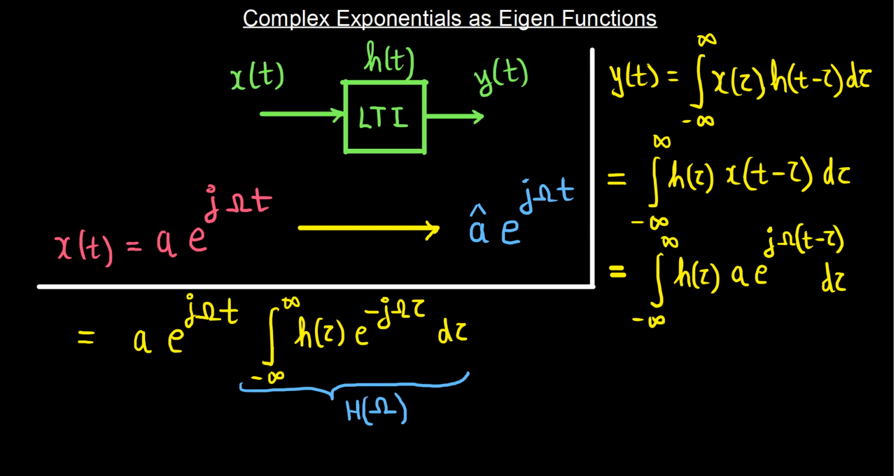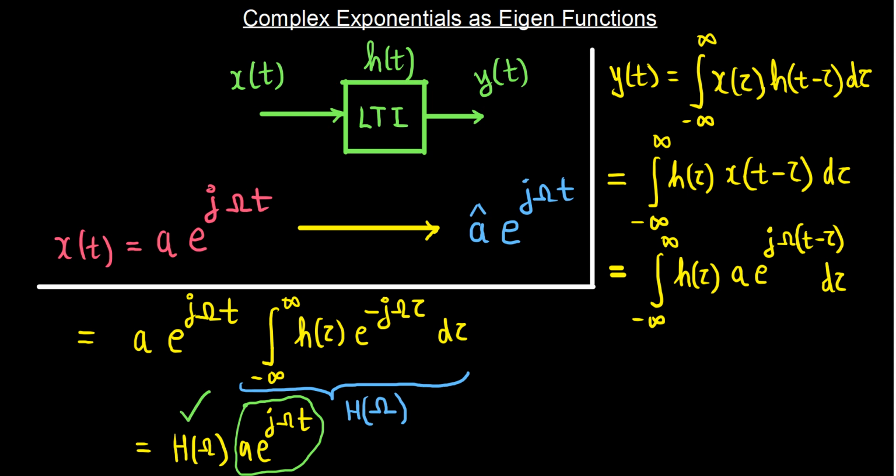So we can represent the same equation as H of omega into a e to the power j omega t. And we can see from this expression that the output is the same as that of the input, but the only change here is this scaling factor, or the amplitude, is changed.